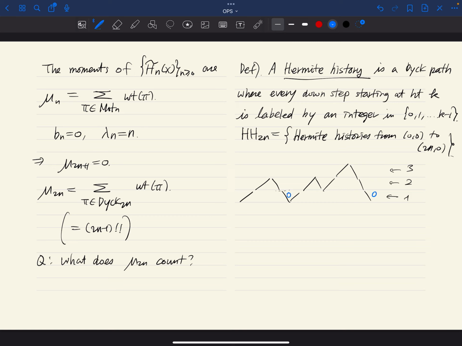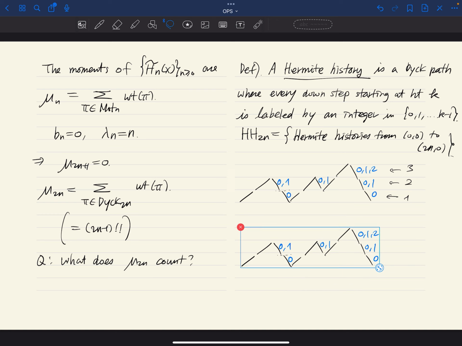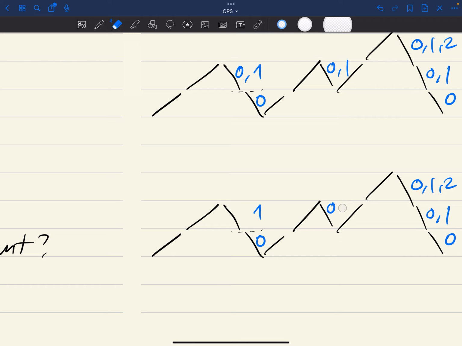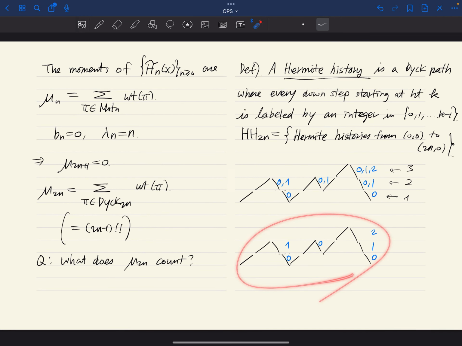But here we have two possibilities, this or this. Here we have this or this. We choose one of these here. So once you choose labels, then that's a Hermite history. So for example, let me give you a specific example. If I choose this and then choose this, and let's choose this, and like that, this is a Hermite history.